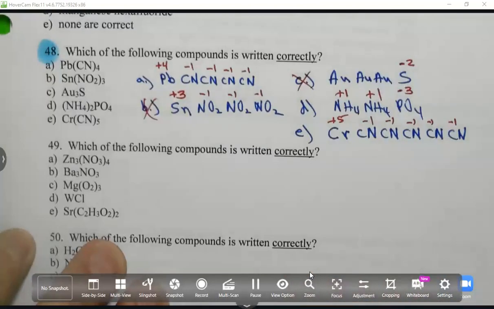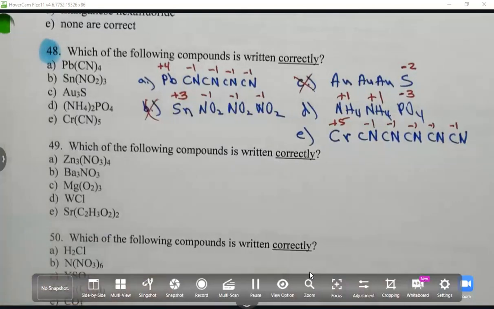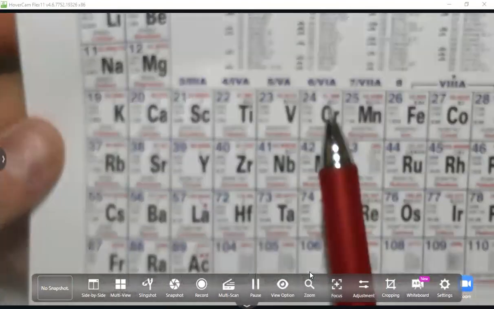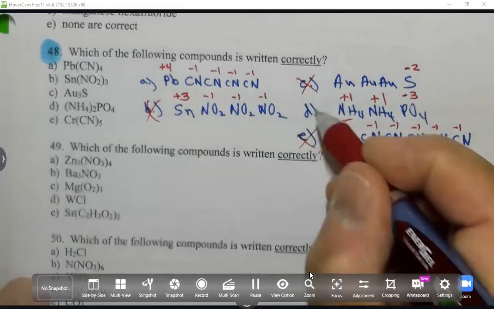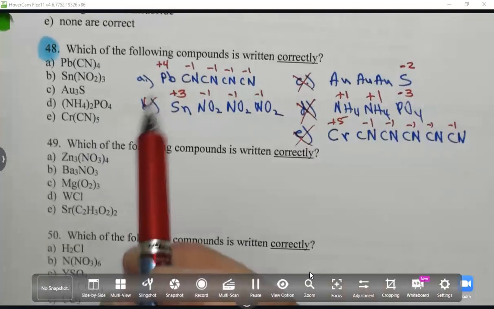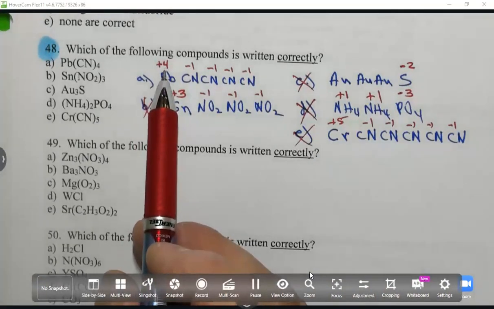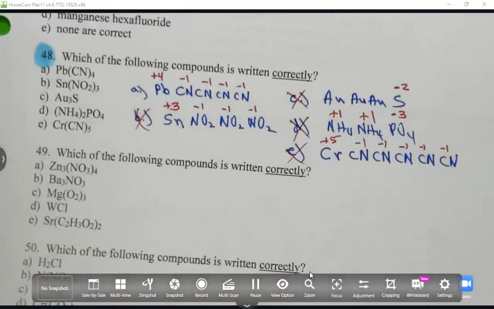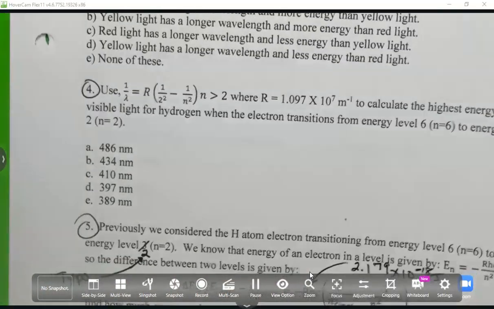Chromium would have to be a +5. If we look, chromium can be 2, 3, 6, can't be a 5. So the only one that works is lead-4 cyanide. Okay. Let's close the book on that, baby.